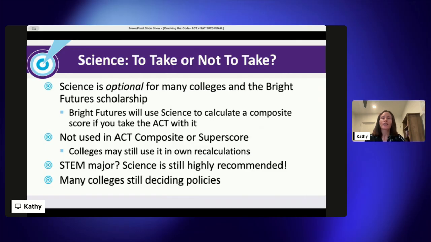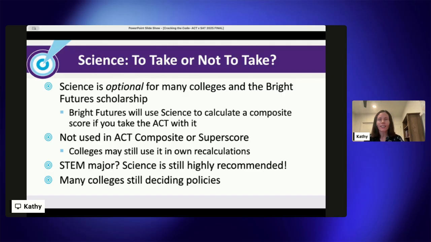What is the future of the ACT science? And certainly if you are interested in a STEM major or another quantitative major, we think it is a great idea to continue to take science, especially given that there is a lot that's unknown about it. And there are some colleges out there that want to see science that will only super score tests in which students have taken science.